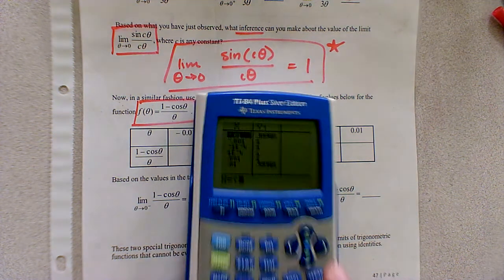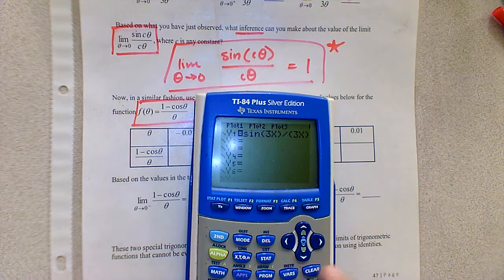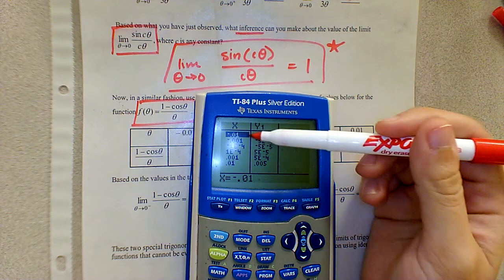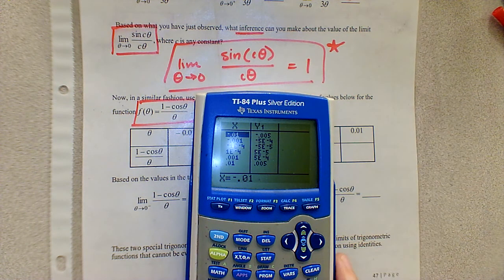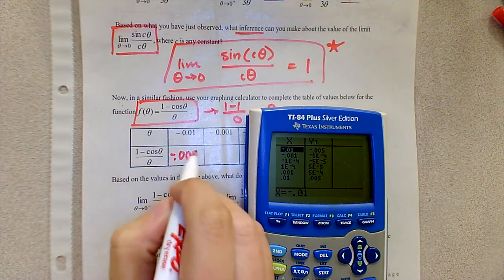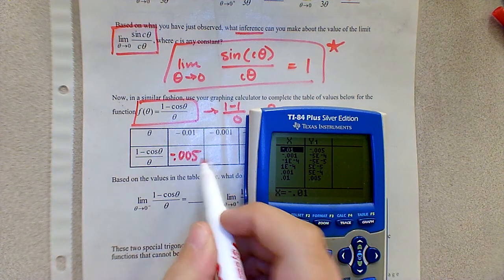So we'll go ahead and utilize the graphing calculator. So we'll clear out the previous one and we'll type in 1 minus cosine. Make sure you put the whole top in parentheses because we're dealing with a fraction, and we'll divide it by x. So taking a look at your table, you most likely have the same values in there as previously, so we'll go ahead and jot down the results.